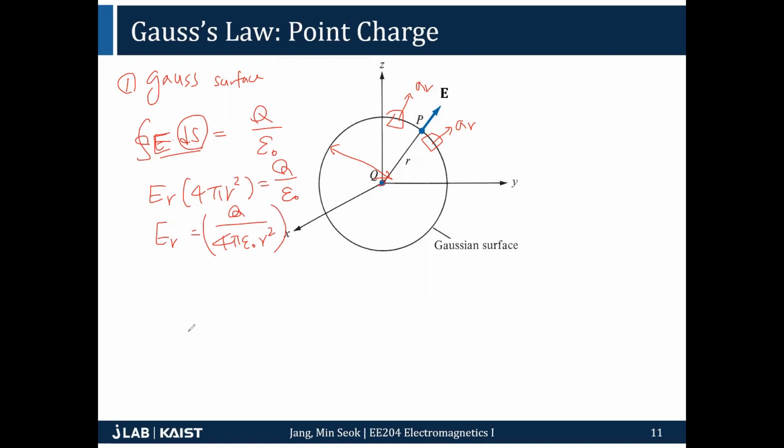And here you already apply one symmetry argument. That is, we ignore the dependence of E on, say, theta or phi. From here to here, we just assume that E is not dependent on theta or phi, right? Otherwise, you cannot solve this integration easily.